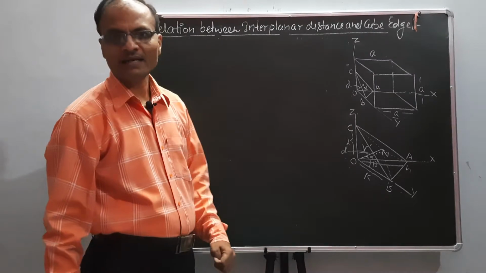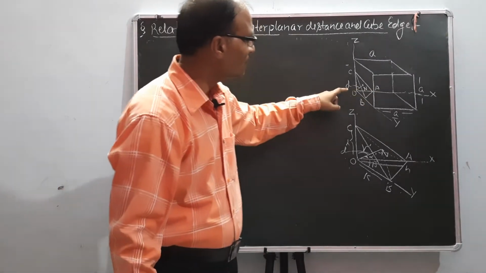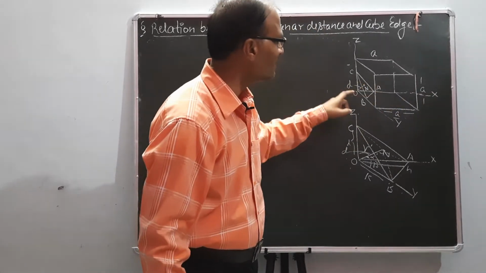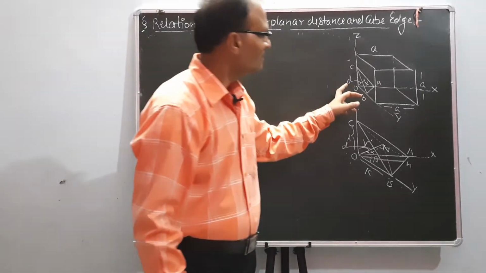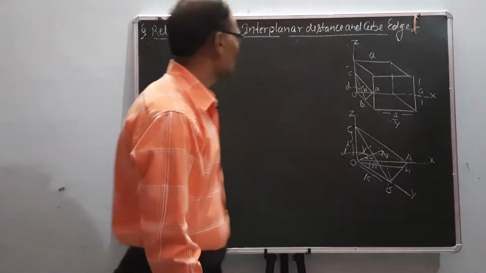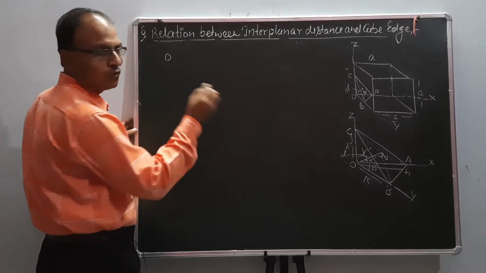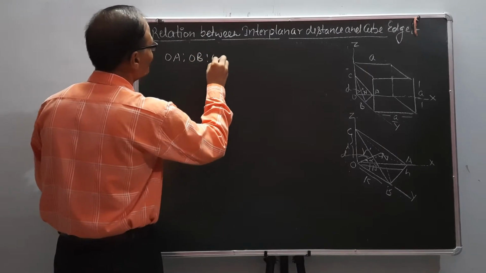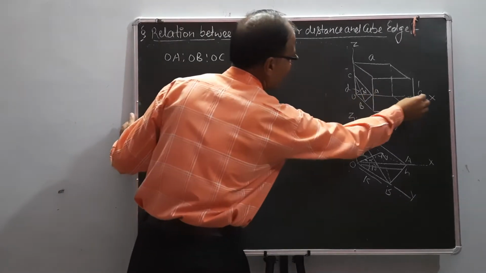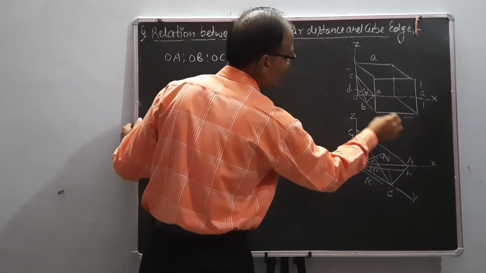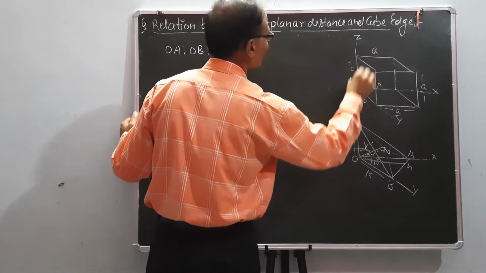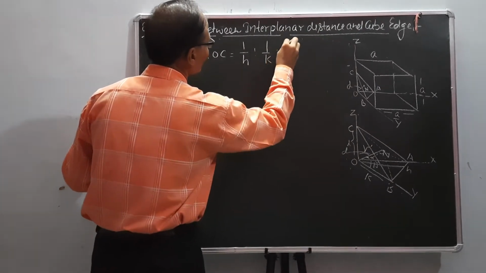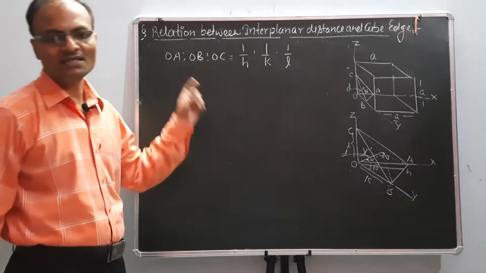If we take the ratio, OA on the axis OX is 1 upon H, OB on the OY axis and OC on the OZ axis are in the ratio 1 upon H, 1 upon K and 1 upon L. This is the three ratio.